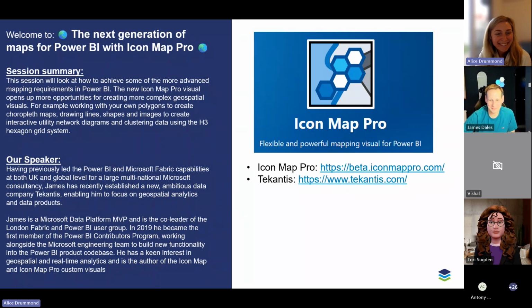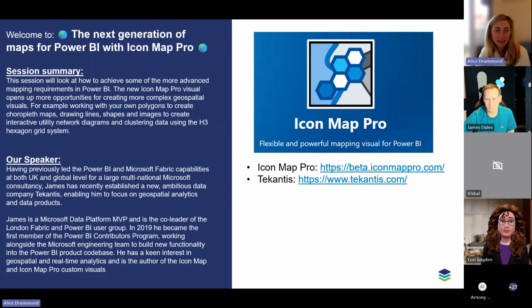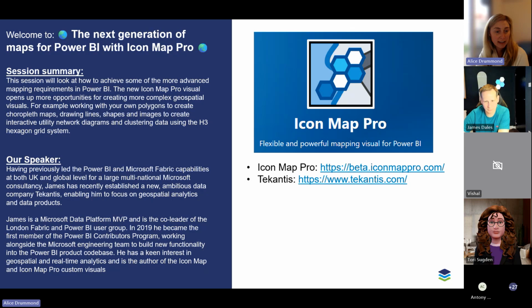Enabling him to focus on geospatial analytics and data products. James is a Microsoft Data Platform MVP, co-leader of the London Fabric and Power BI user group, and in 2019 became the first member of the Power BI Contributors Program, working alongside the Microsoft engineering team to build new functionality into the Power BI product code base. So he has a keen interest in geospatial and real-time analytics and is the author of the Icon Map and Icon Map Pro custom visuals.